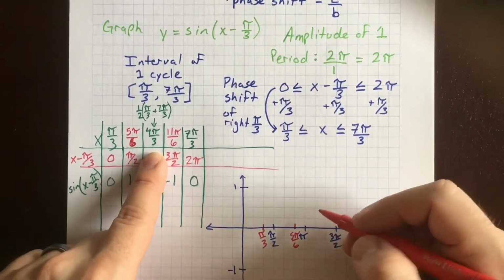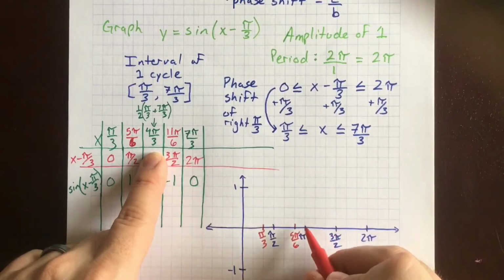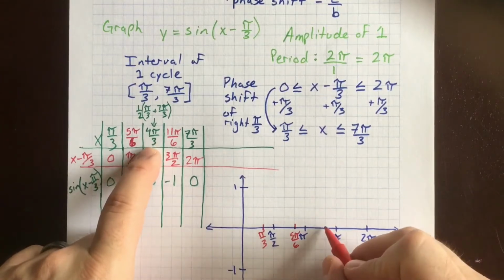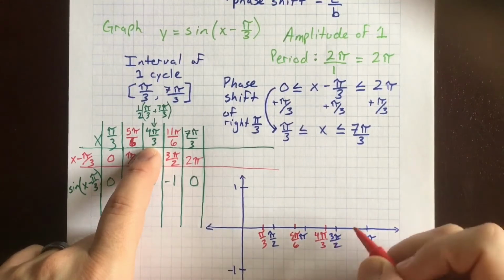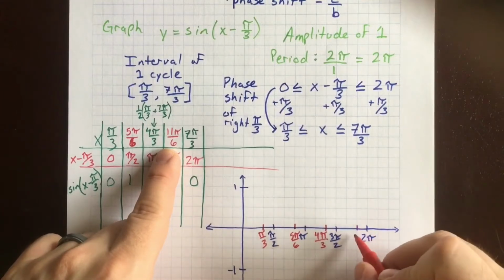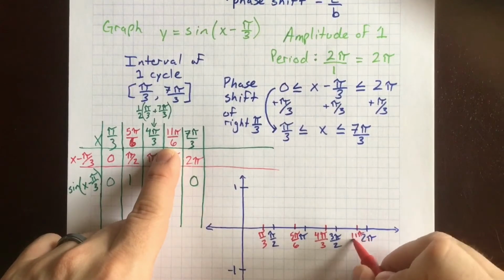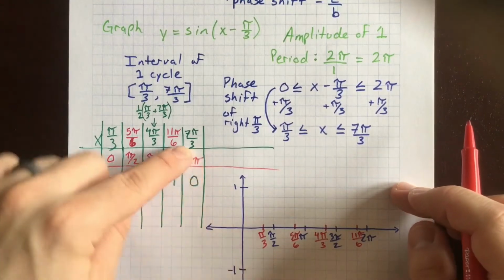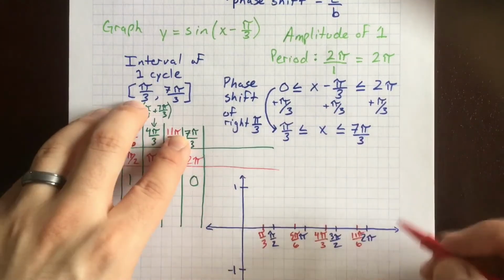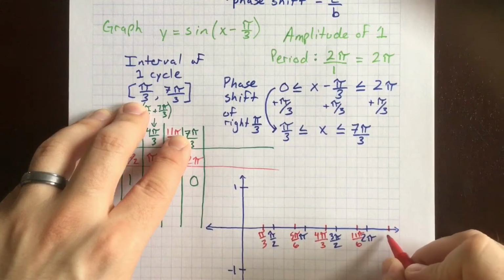Then we have 4 pi over 3, so that's going to be pi plus pi over 3, so right here. And then 11 pi over 6 is right before 2 pi. And 7 pi over 3, that's 2 pi plus pi over 3, it's right here.